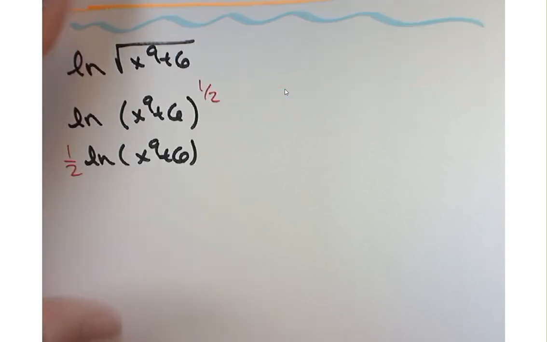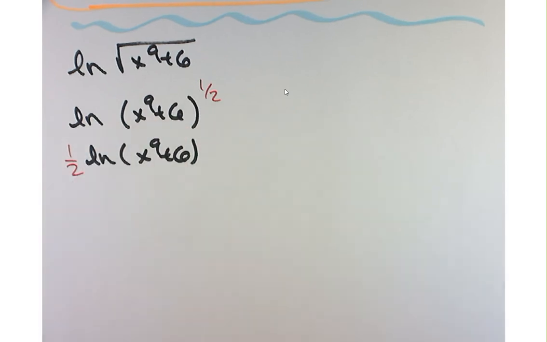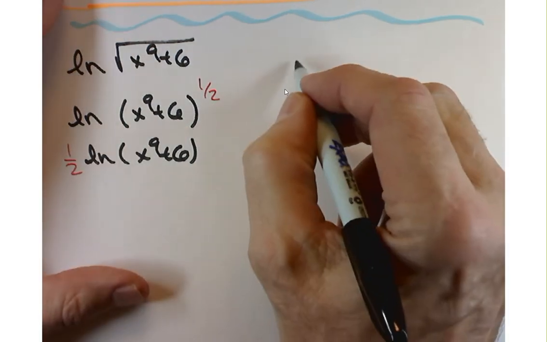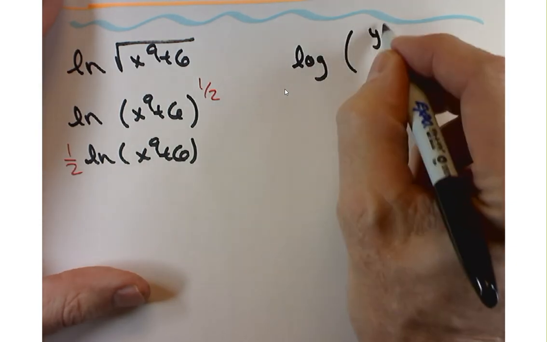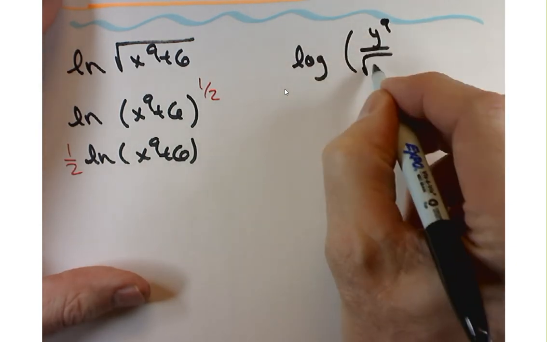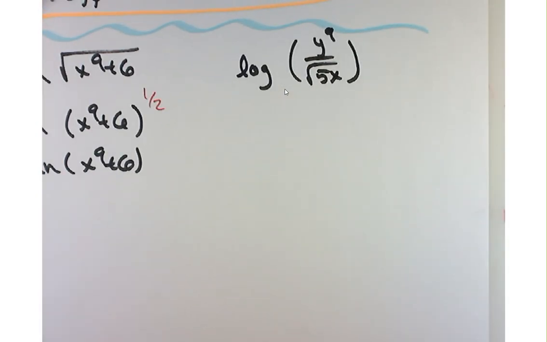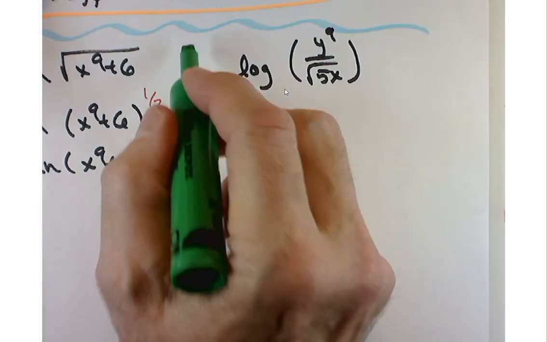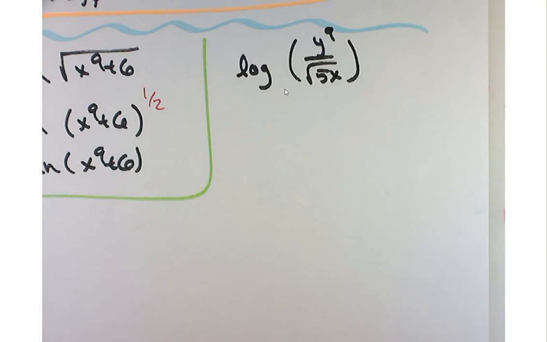Okay, so let's try another one. And I kind of did this as a warm-up so that we could use it later on when we need it. Log of y to the 9th over the square root of 5x. Where do you want to start? What do you think we should do first? Get rid of the square root. All right, get rid of the square root, quotient rule. Both are good answers.